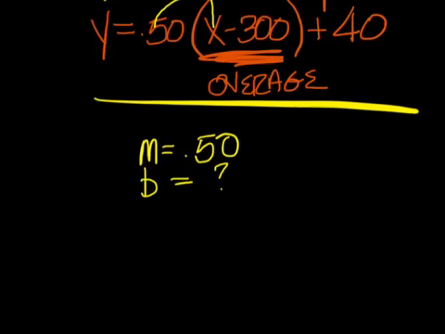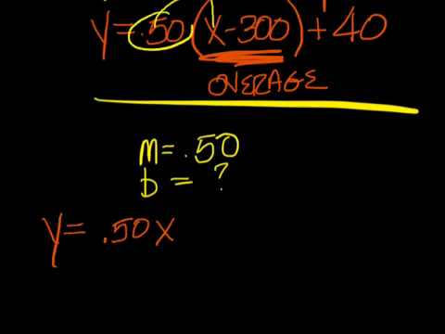What if I had 3 times x? What's the answer? So what's 0.5 times x? 0.5x. So in this case it's 0.50x. And then you have to multiply the 0.50 by the minus 300. What is that?